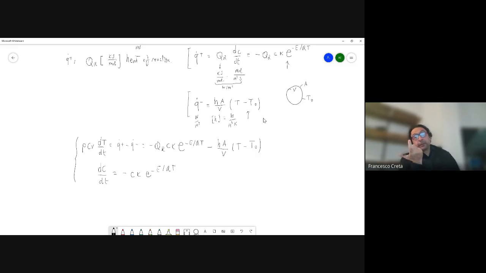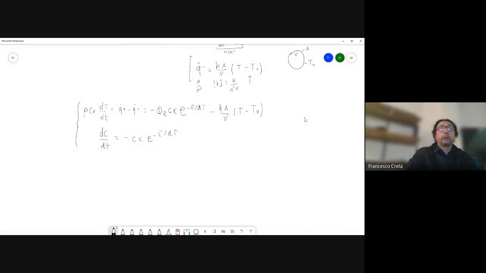But we can do a simpler thing for the time being, okay? Because looking at the form, the rate of change of temperature is really the difference between two terms, which we know. We know the functional form of these two terms, Q plus and Q minus.